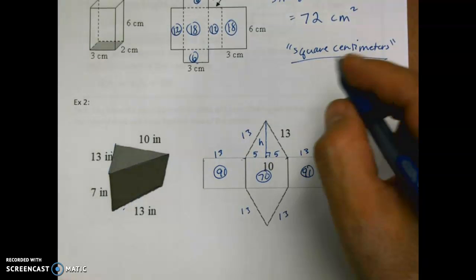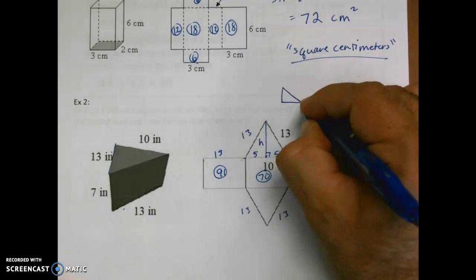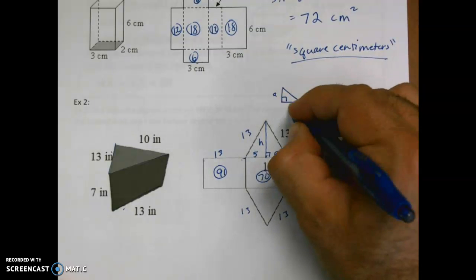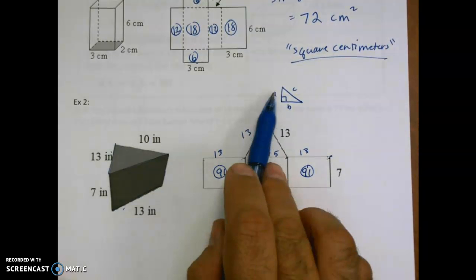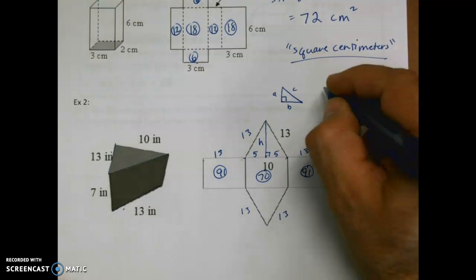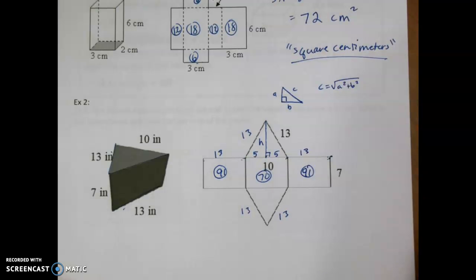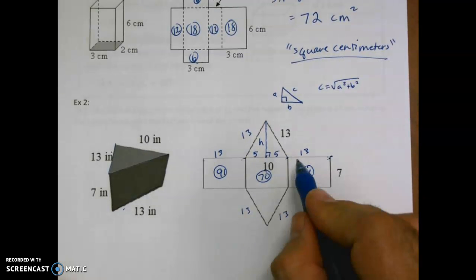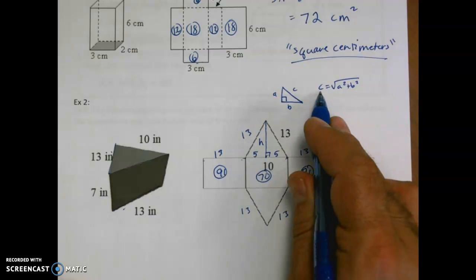If you remember from right triangles, if we have sides of a, b, and c, the Pythagorean theorem says that a squared plus b squared equals c squared. So if I wanted to find the length of c, I would say that it's the square root of a squared plus b squared. But that's the hypotenuse, and 13 is actually my hypotenuse, so I don't want this formula.